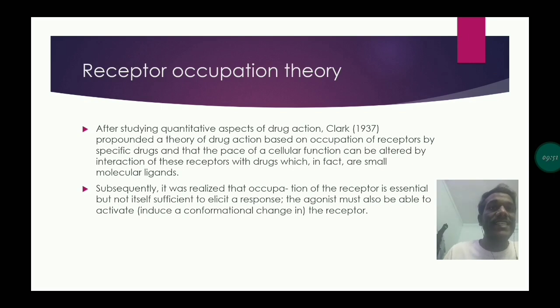Let's see receptor occupation theory. After studying the qualitative aspects of drug action, Clark in 1937 produced a theory of drug action based on the occupation of receptors by a specific drug, and the pace of the cellular function that can be altered by the interaction of these receptors with the drug, which are small molecular ligands.